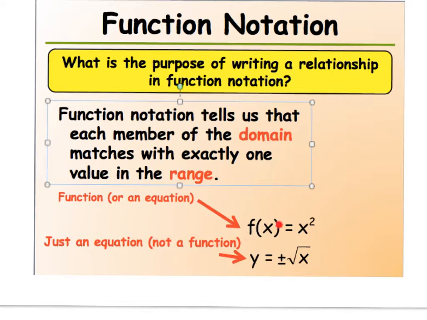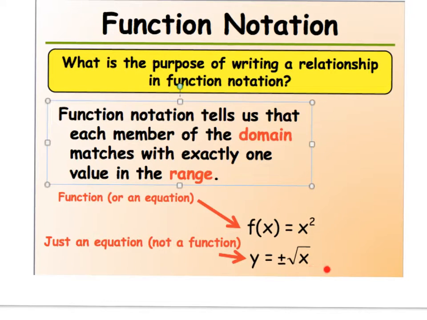So for example, if the function was x squared, that would mean that for every x, there's only one y. Because if we put 2 in, 2 squared is 4, and only 4. If we put negative 2 in, it's still only 4.